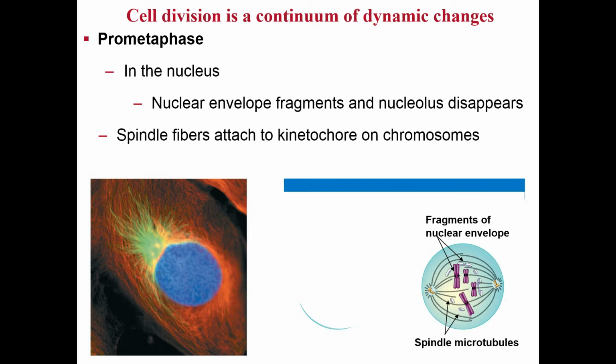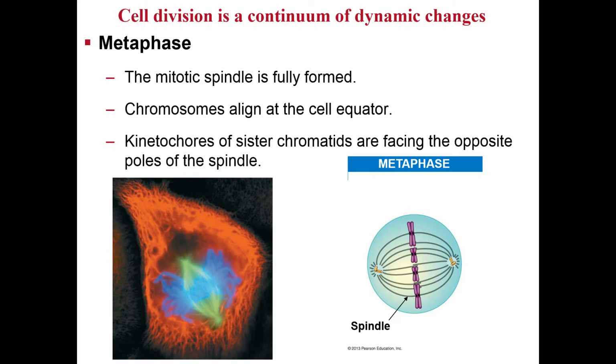And eventually, your chromosomes are going to be pulled so that they all line up along this imaginary midline of the cell that we call the cell equator, the metaphase plate. There's a lot of terms for it. The midline of the cell. So now all of your individual chromosomes line up.